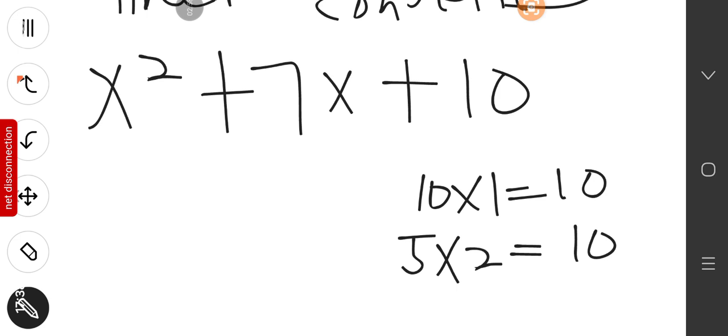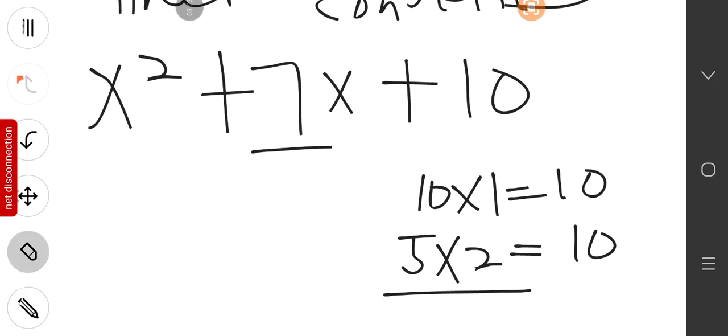If you look at 10 times 1, whether you add 10 plus 1 or subtract 1 from 10, you cannot get 7. When you look at the second one, 5 plus 2 gives us 7. Therefore, we choose this, because 5 plus 2 gives 7, which is equivalent to the linear term.